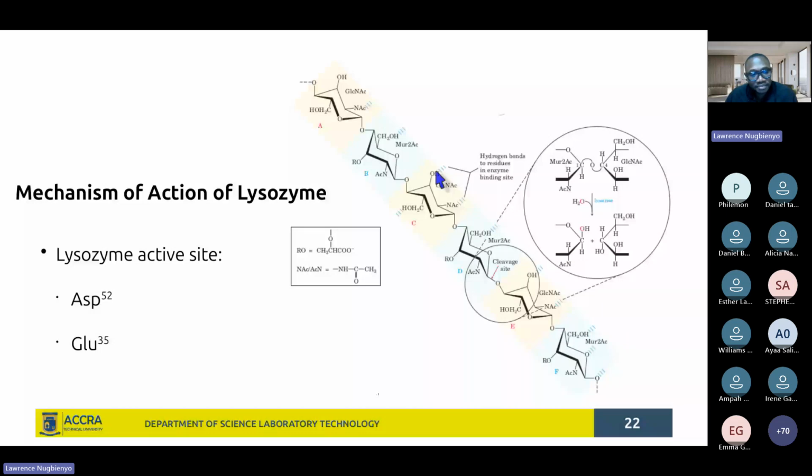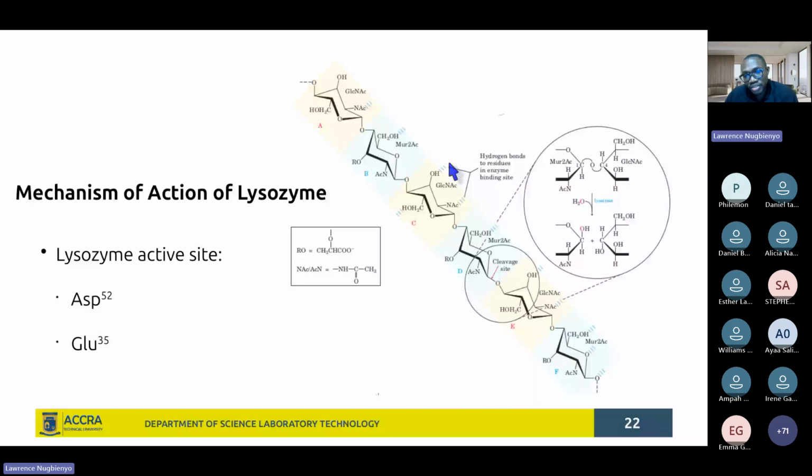We see it much more here. There's something being shown here that if you take, say, N-acetylglucosamine, for instance, you are having some hydrogen bonding between the N-acetyl group, which is on carbon number 2 there, and you see a hydroxyl group on carbon number 3.